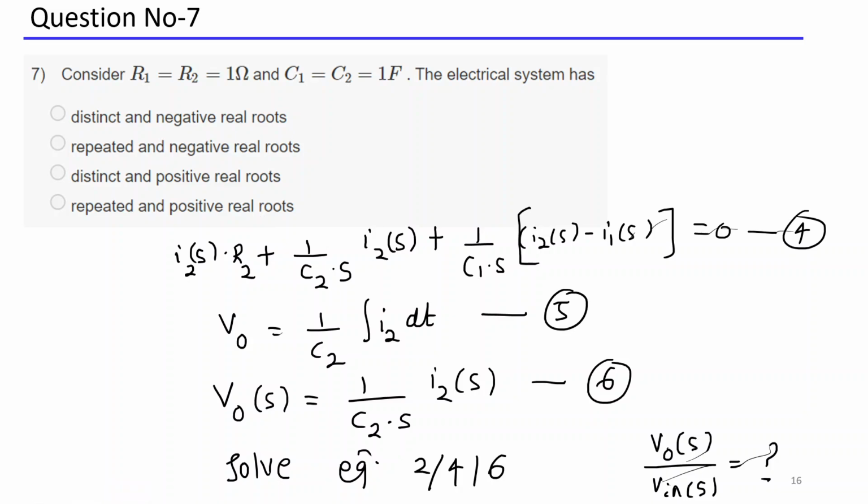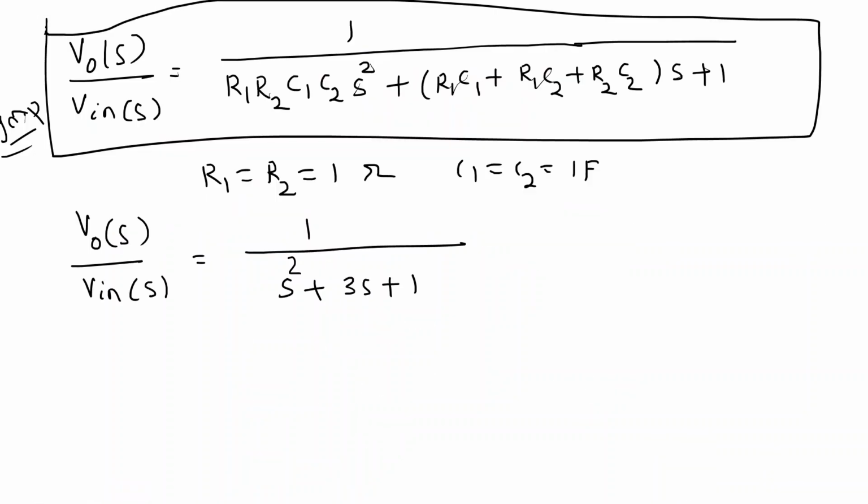So you just find out the roots of this equation, because this is the transfer function. S square plus 3S plus 1 equal to 0, the second order equation.